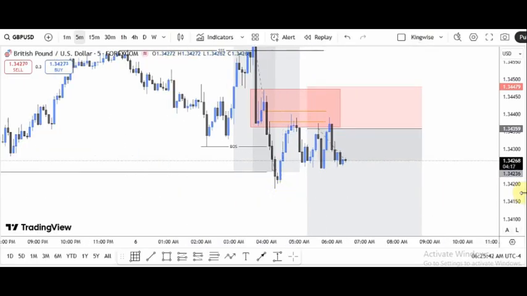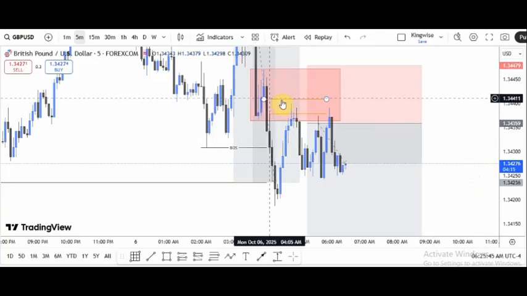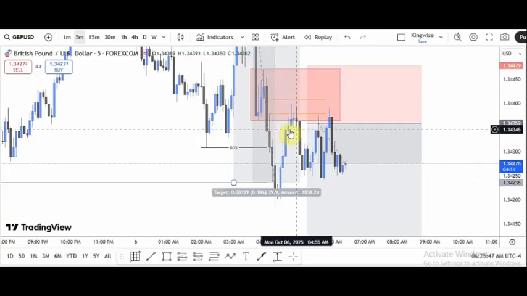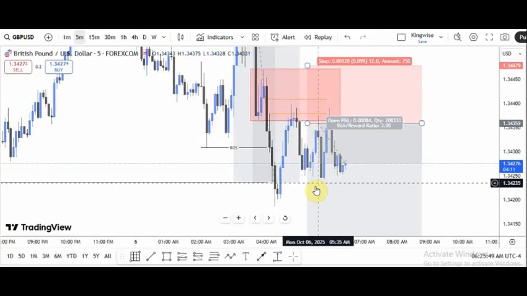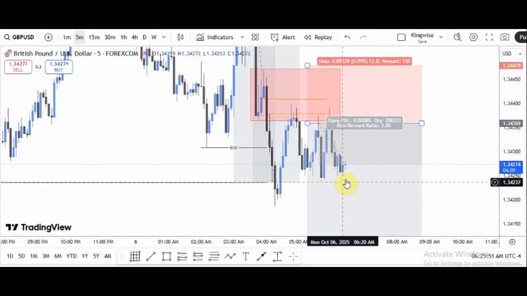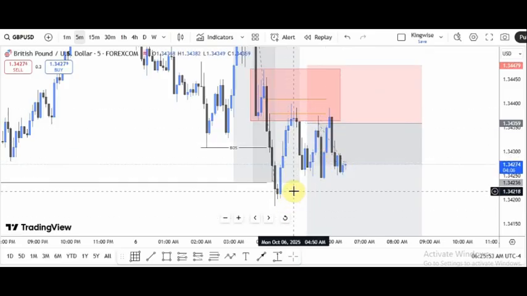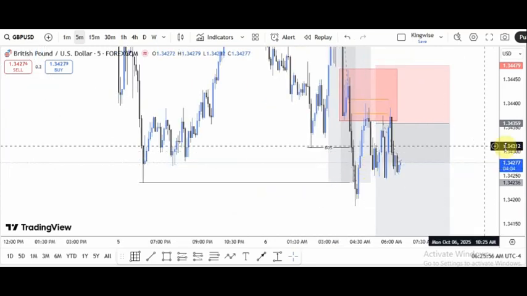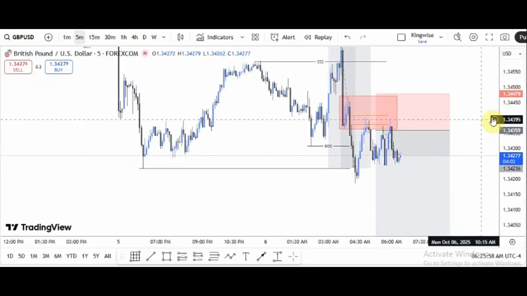You can do well to check it out. So this is the fair value gap. Price reacted away from it, came back into it, and is still reacting from it. So let's see how the second trade goes.